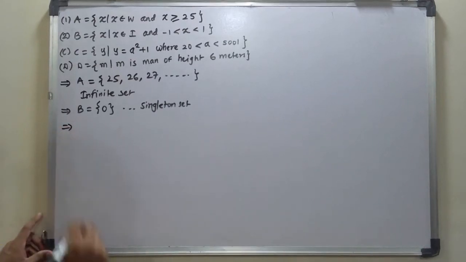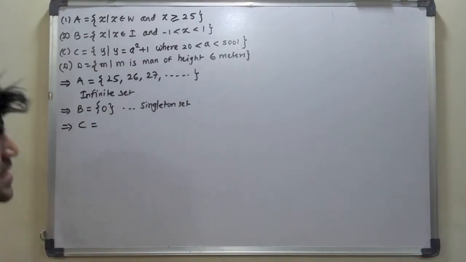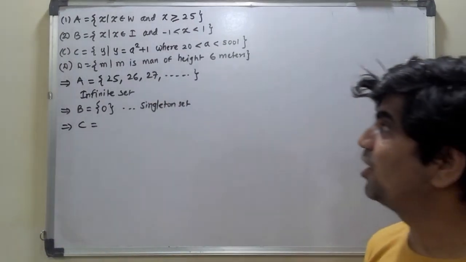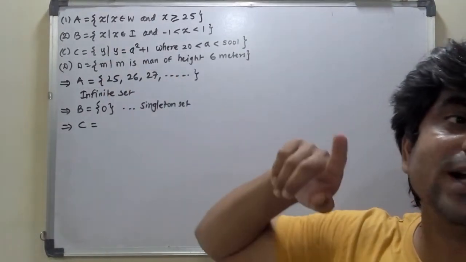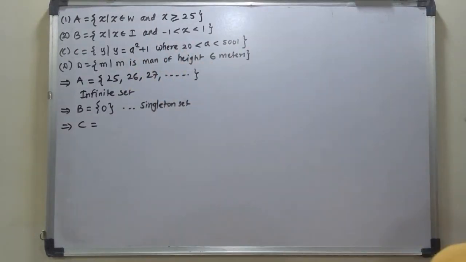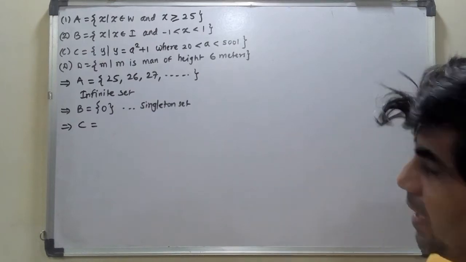Now let us go to set C. Set C is the set of all y, where y is a square plus 1.